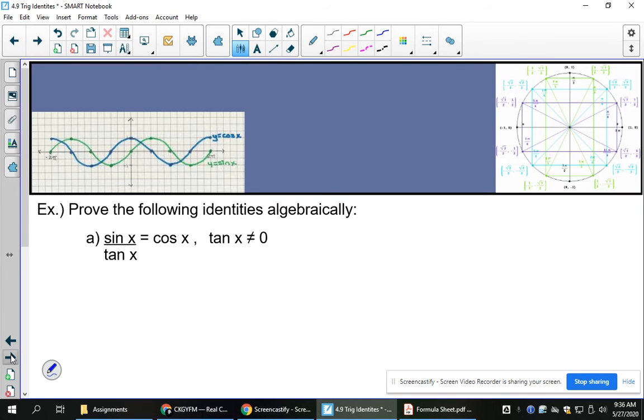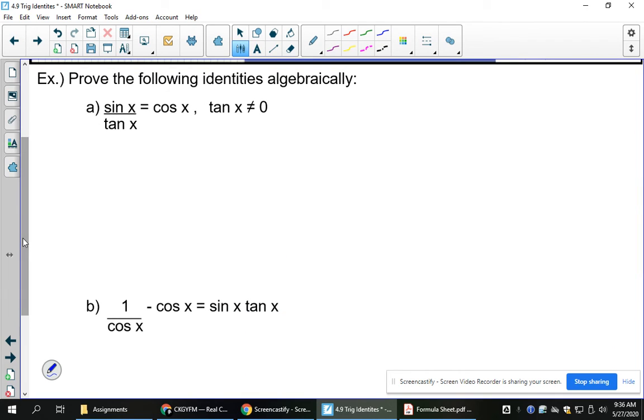Now let's try algebraically, and this is really the big shebang. This is what we've been working 13 years to be able to do, is an algebraic proof that takes into account all the mathematics we've learned up until this point. So all you can do in algebraic proofs is you can make any substitutions that make sense, and you're really replacing from the formula sheet.